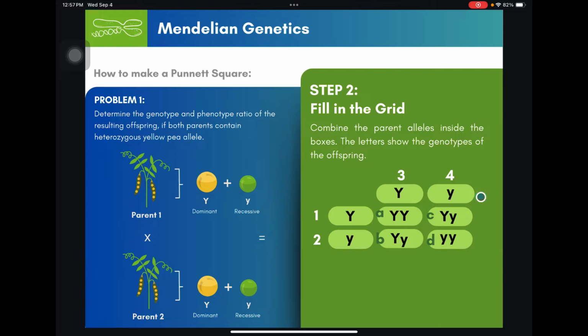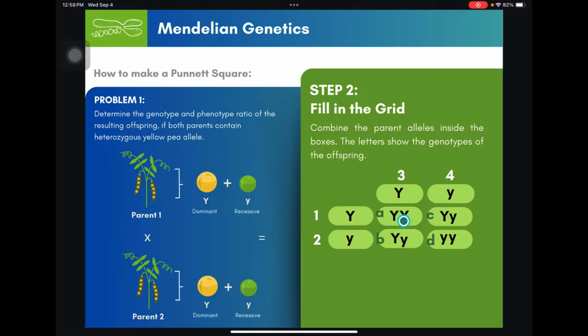By means of combining the alleles, the first step is to take the first allele of the first parent, or the y1, and multiply it with the first allele of the second parent, which is the y3, and our answer is reflected in box A, which is YY. This one is homozygous dominant.